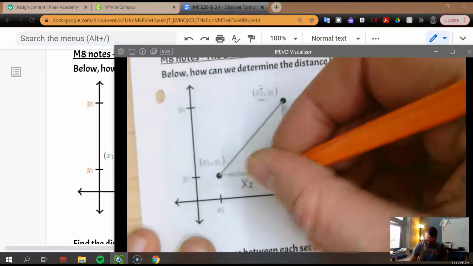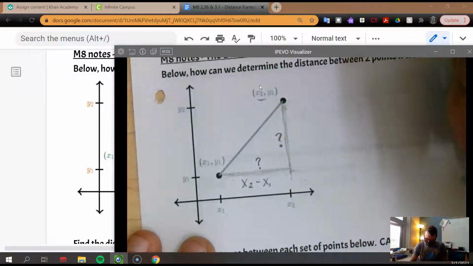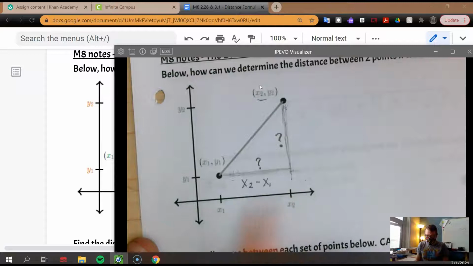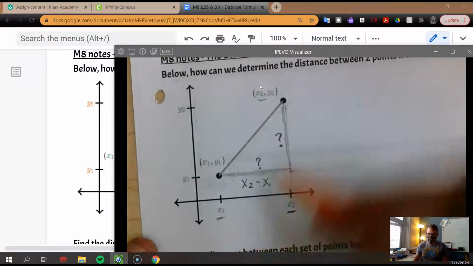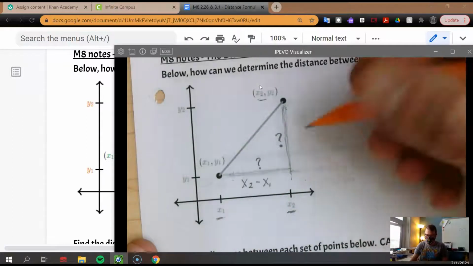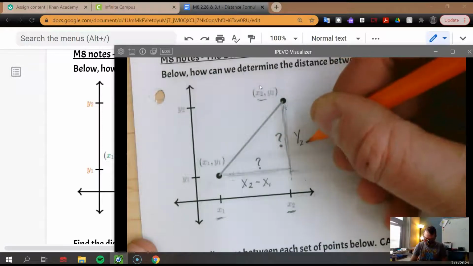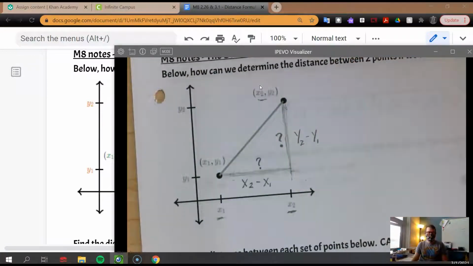So x2 minus x1 would actually give you your horizontal distance because it's your ending point minus your starting point. And then again, we do ending point minus starting point. And yes, order matters. Because as we start to look at positives and negatives, trust me, order matters.